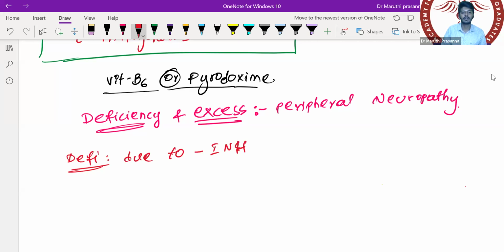And also alcoholism. We have other causes, like IBS and others, I agree, but the main two important causes are INH and alcoholism. INH prevents the utilization of vitamin B6. That is your B6 and pyridoxine story.